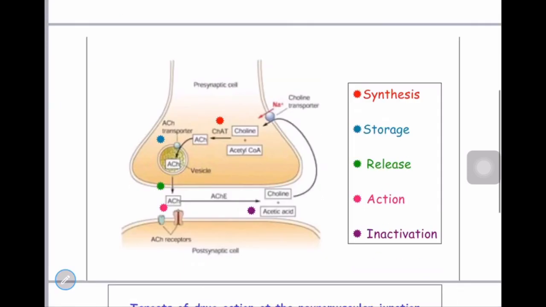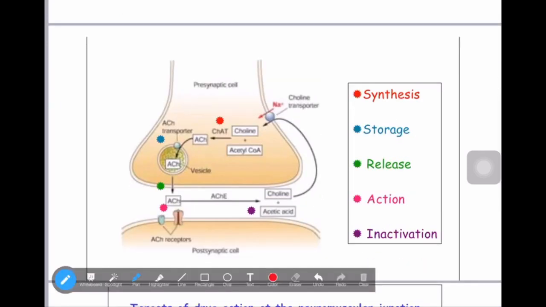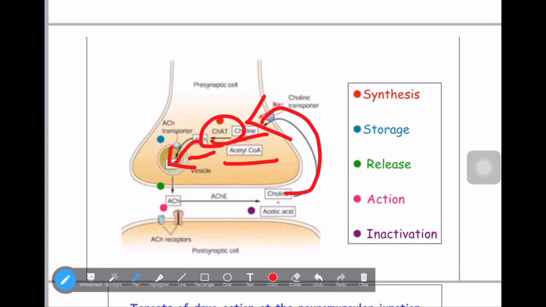Okay, so I'll just give a very short summary. We are going to talk about acetylcholine synthesis. Choline will be reuptaken into the presynaptic cleft, and choline plus acetyl-CoA is converted into acetylcholine with the help of CHAT, that is choline acetyl transferase. After its formation, acetylcholine will be stored in the vesicle. Whenever the stimulation happens, the acetylcholine will be released in the synaptic cleft.